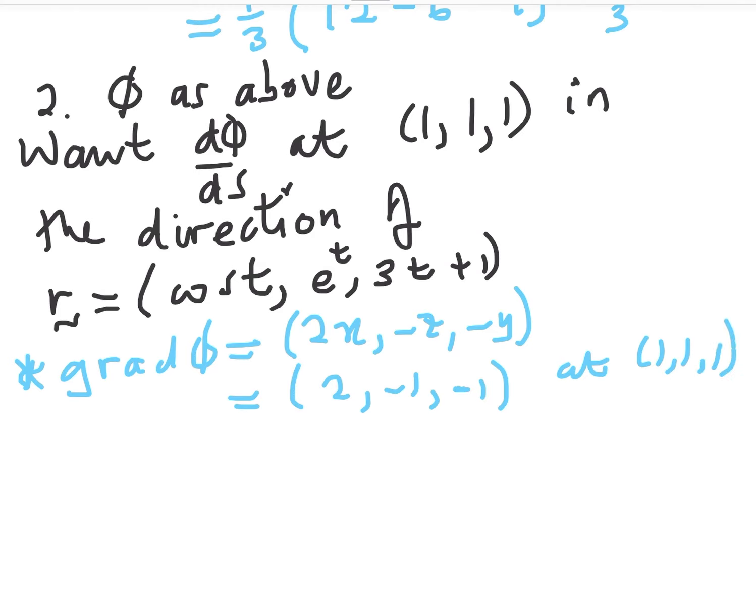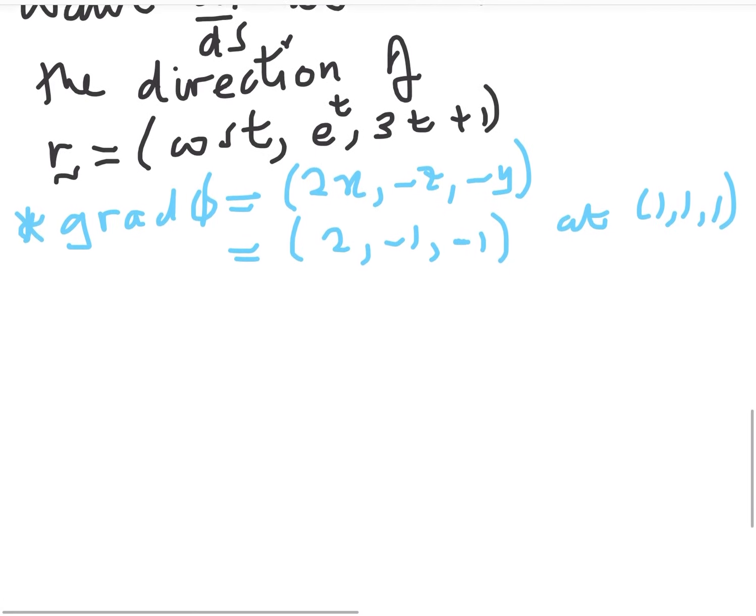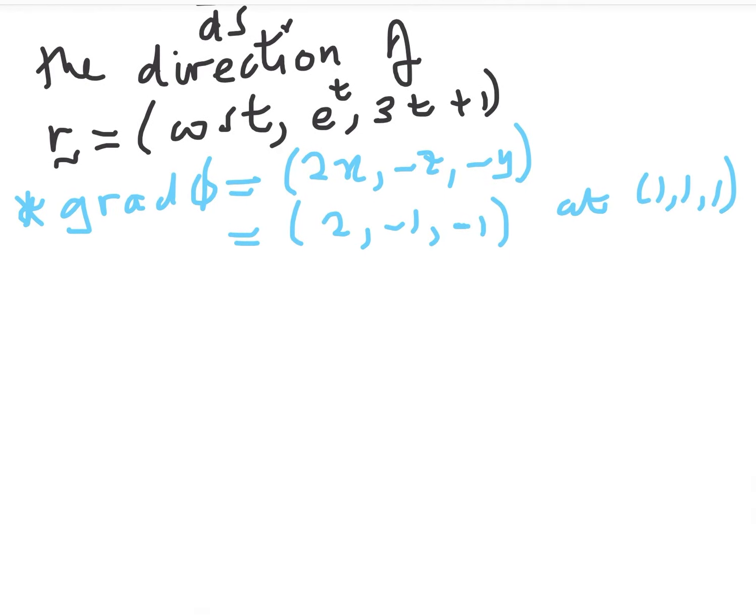Now we need to construct the direction vector, which is the vector u. Now we want the direction to be in the direction of a parameterized curve. So you need to keep in mind that when you choose the direction in the direction of a curve, what you actually want is the derivative or the tangent to that curve.